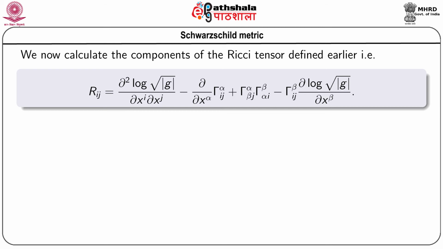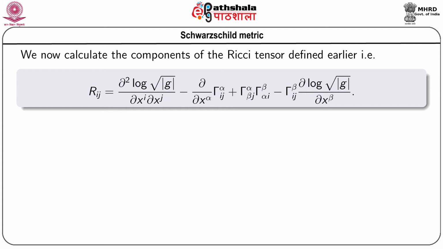The expression for Rij is equal to this one: del square log root mod g by del xi del xj minus del by del x alpha of Christoffel symbol of second kind alpha ij plus gamma alpha beta j gamma beta alpha i minus gamma beta ij del log root mod g by del x beta.